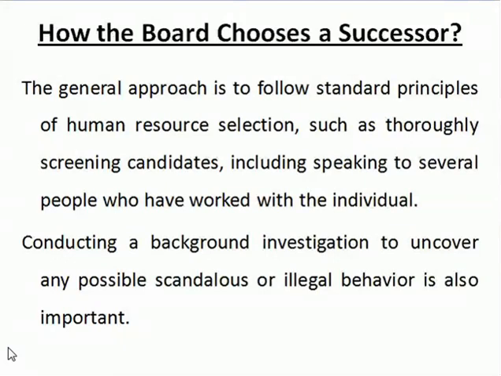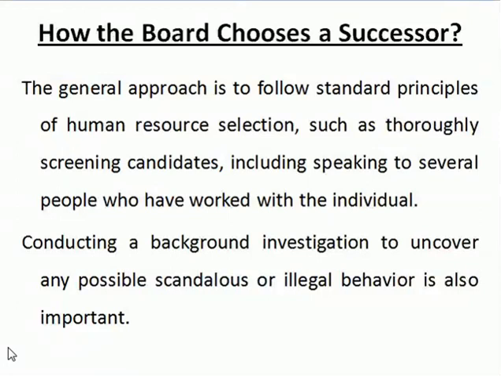Here, this is going to follow some standard principles of any human resource procedure of selecting and screening candidates thoroughly, sometimes conducting an interview or talking to them face to face, as well as getting references from the people who have already worked with them individually.